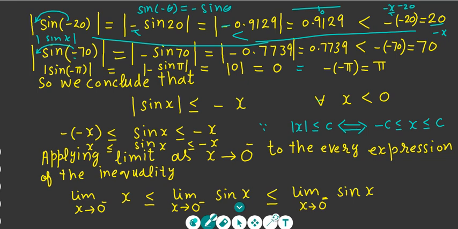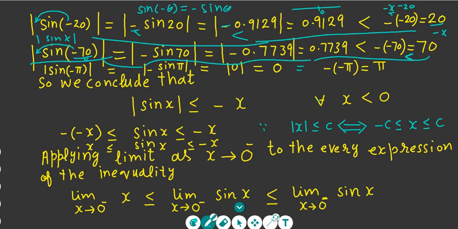Minus 70 is our x, because we are finding the relationship between minus x, so we multiply minus 70 by minus, we want to make it positive. In this case sine of x is also less than 70. So there is a less than relationship.